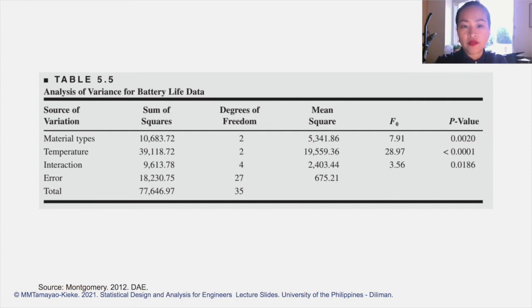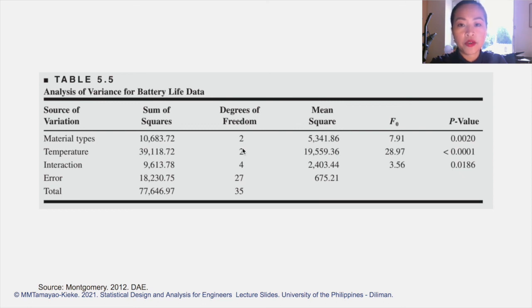Now to determine whether material type, temperature, or the interaction is significant, we have to compare this with the test statistic for the particular factor and interaction given their degrees of freedom. So we compare the F naught here to F at the significance level, which for this problem is 5%, at degrees of freedom equal to the degree of freedom of the factor of interest and the error.